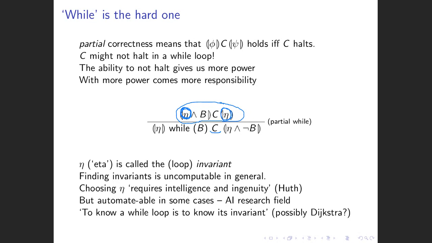It just left it alone, and it survived that iteration of the loop. And what the rule is saying is that if eta survives one iteration of the loop, then it will survive all of them. Because when we look at the conclusion of this rule, there's eta at the beginning, and eta is preserved at the end.